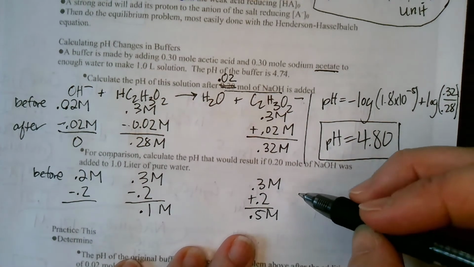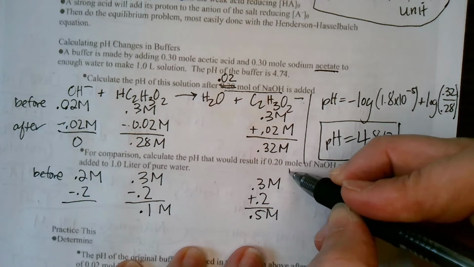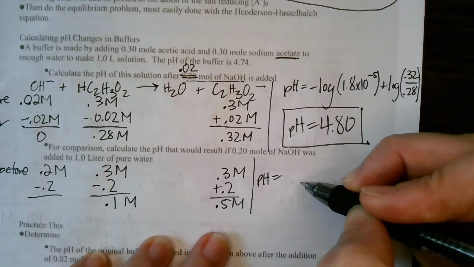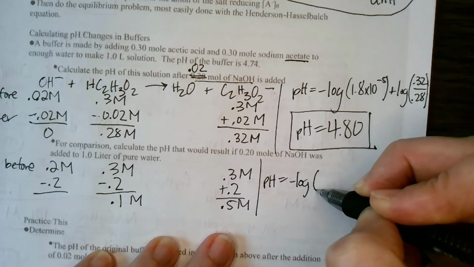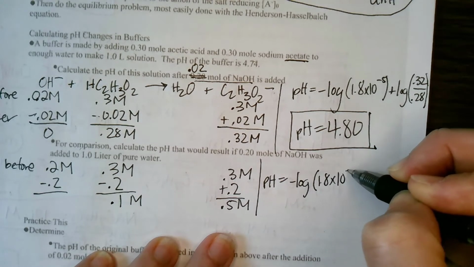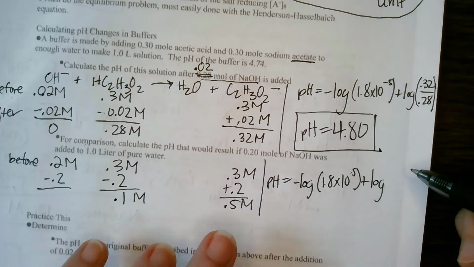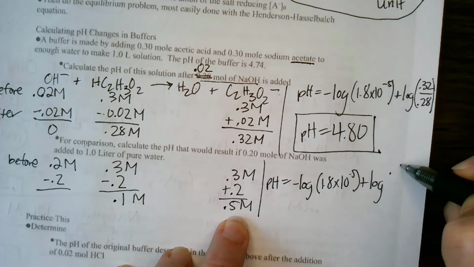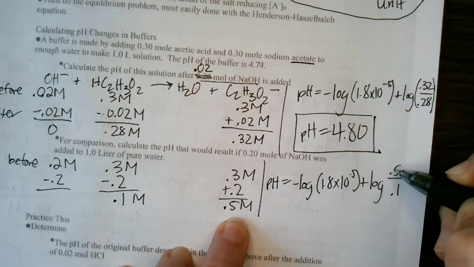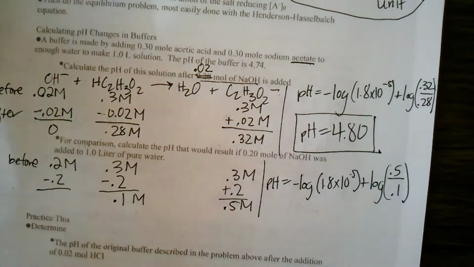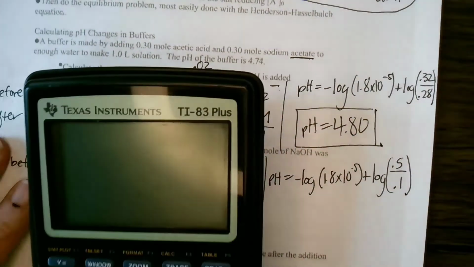So to plug it in again, my pH is the negative log of 1.8 times 10 to the negative 5 plus the log of, remember, my base over my acid, 0.5 over 0.1. Let's do that problem here.